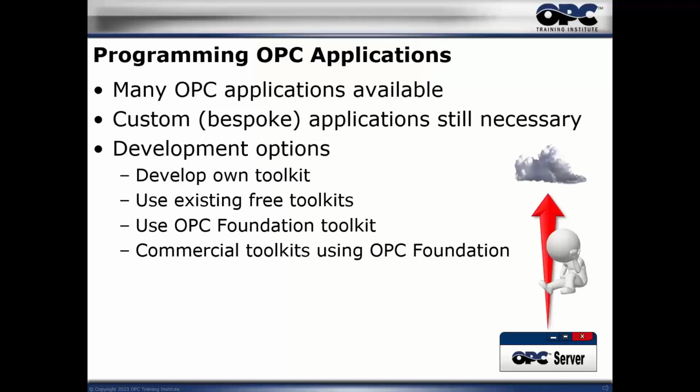Or you can get commercial toolkits that are based on the OPC Foundation toolkit. You can go to a vendor, pay them a bunch of money, and get a toolkit based on it. So there are lots of options if you don't want to develop your own toolkit or use one of the freely available ones on the internet.